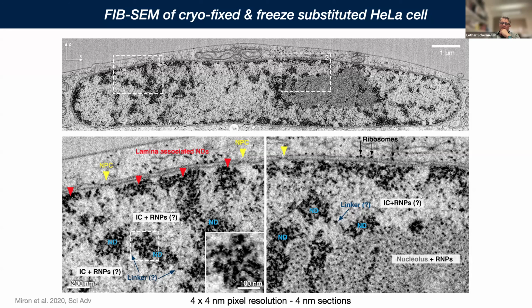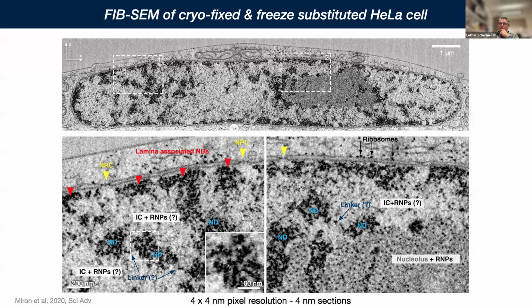And of course, our assumption was, okay, probably we're looking here at these mesoscale domain features that we also see in live cells, but here as assemblies of nucleosomes. And you can look here, it looks like we have some linkers, maybe between domains.